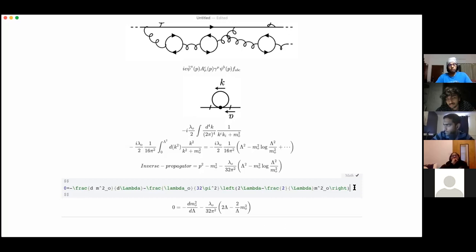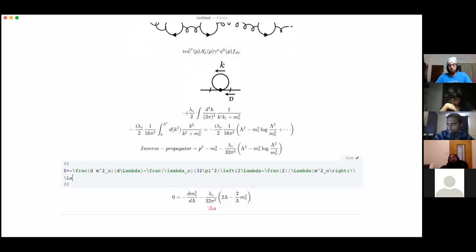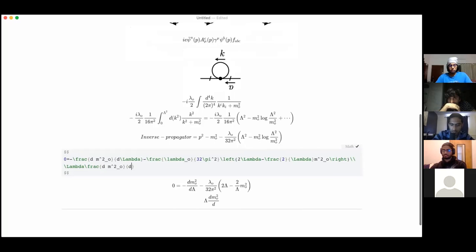Basically, we can rewrite this equation by just taking lambda to the other side. This is just a convention, but this is usually how you tend to write RG equations, as in you're differentiating with respect to log lambda instead of lambda itself.